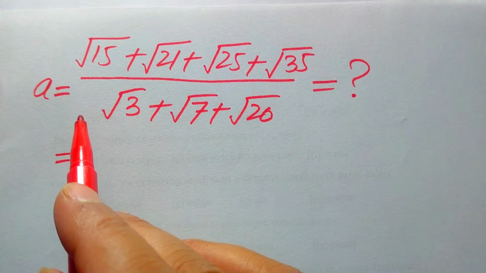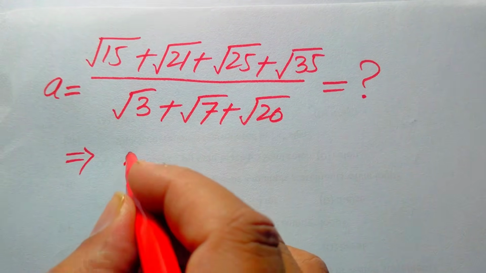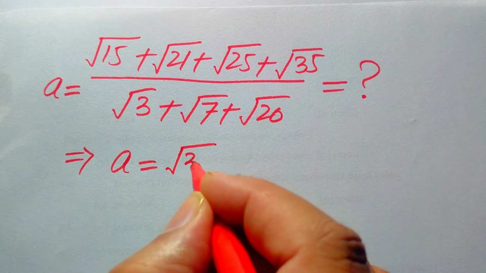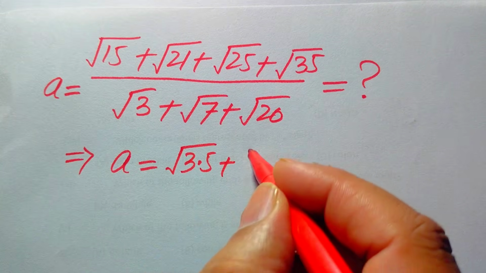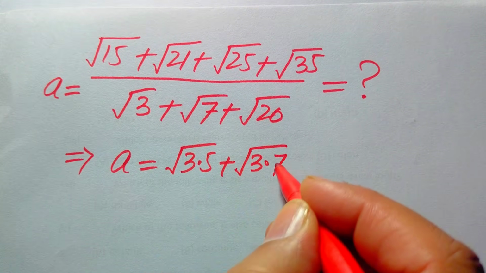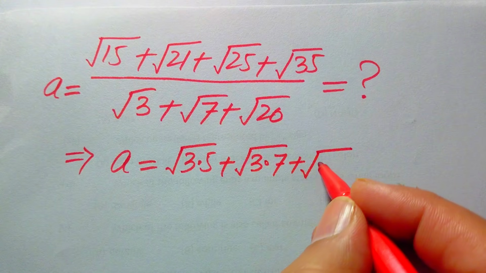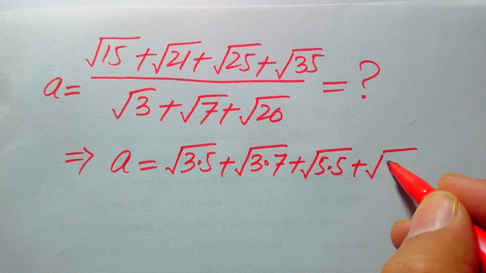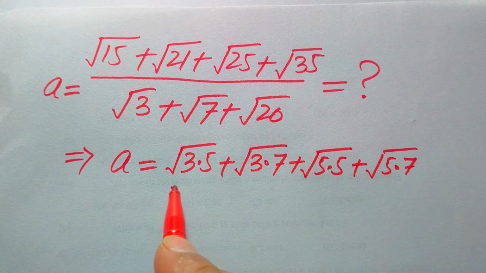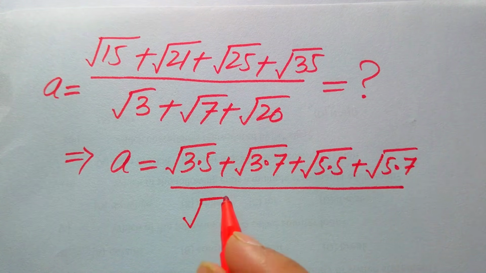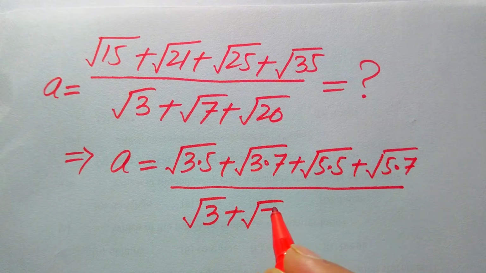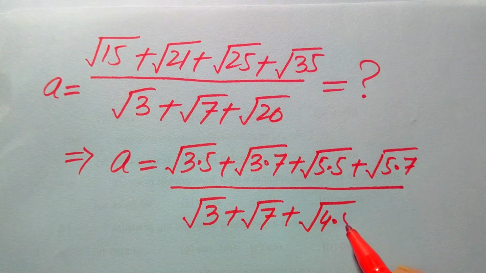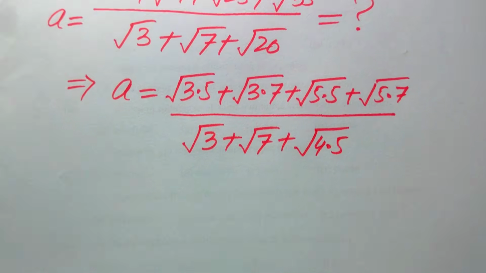Now we rewrite this expression as a equals: we write 15 as 3 times 5, plus we write 21 as 3 times 7, plus we write 25 as 5 times 5, and we write 35 as 5 times 7, and it is divided by square root of 3 plus square root of 7 plus square root of 20, and we write 20 as 4 times 5.